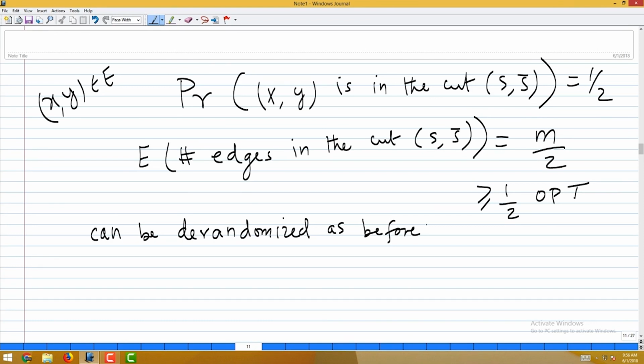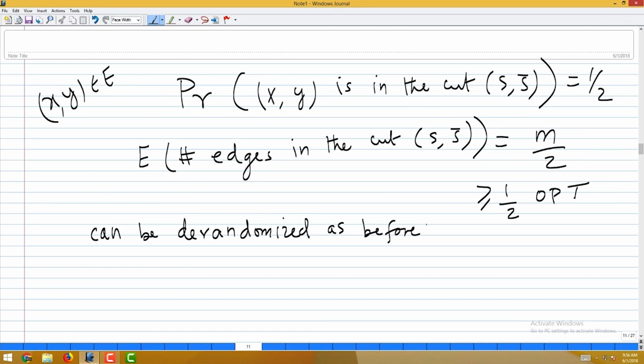Because the way to think about it is, what is this saying? That there are 2 power n ways of partitioning my vertex set, right, because once I choose S, S bar is fixed. Out of all these partitions, for each one I count the number of edges crossing the cut and take the average, and that is m by 2.